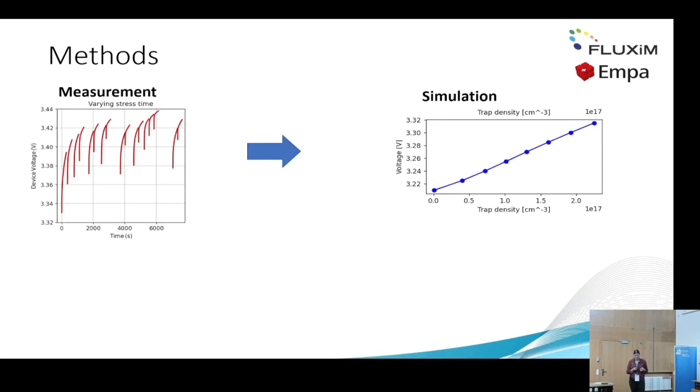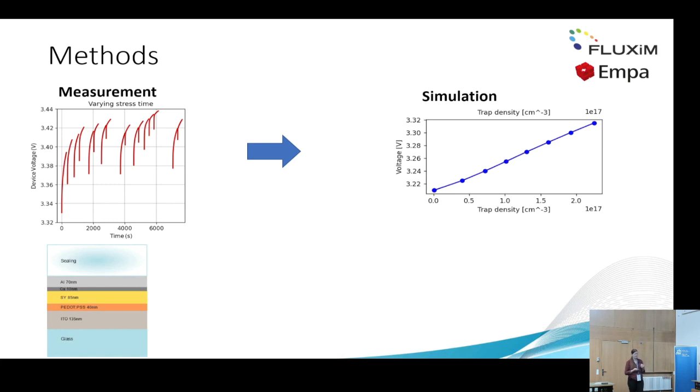Now the question is, okay, we know the energy of these trap states, but how many of those trap states are developing during this experiment? And it's not so easy to get from this measurement to our trap state density, because it's not directly extractable. So we have to apply some kind of model.